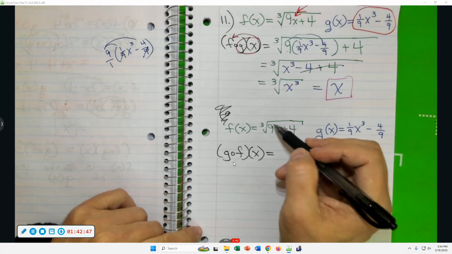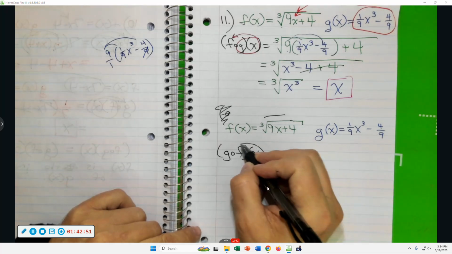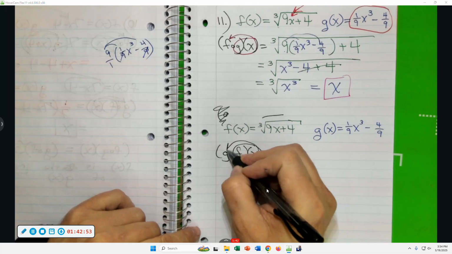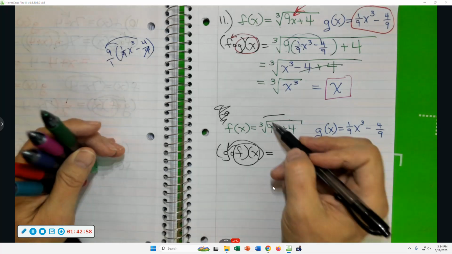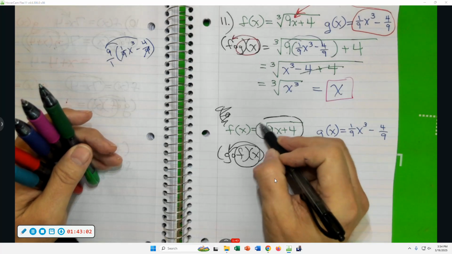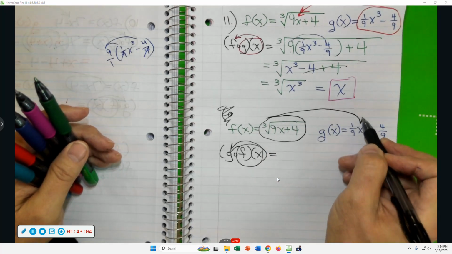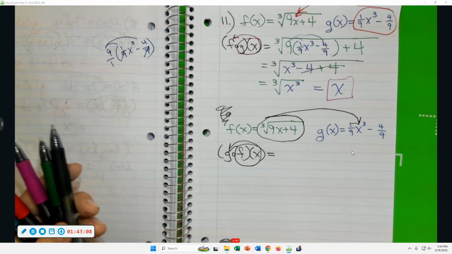Okay, so this is saying we're taking f of x and we're plugging it into g. I should have used a different color there. We're taking f of x and we're plugging it in to g. Y'all see what we're going to have?